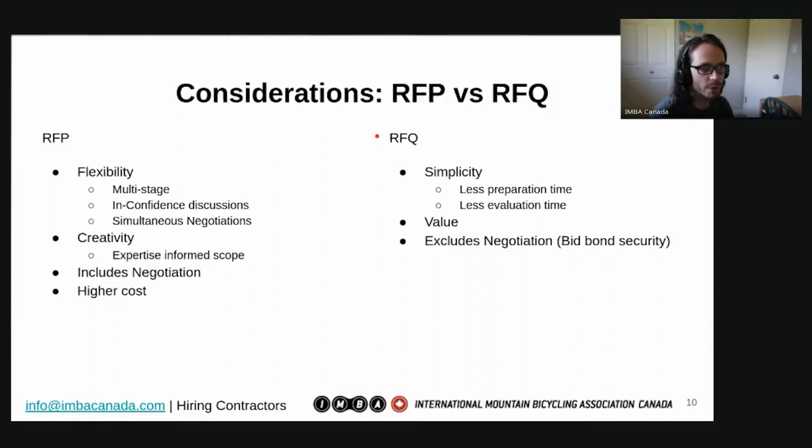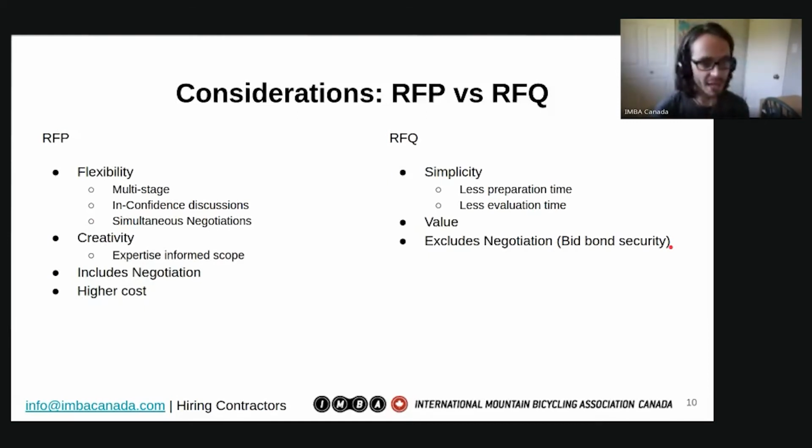For trail construction, trail contracting generally, the RFQ process is probably more appropriate for simple construction projects, something that's easy to determine ahead of time. It provides really good value. And in Canada, it tends to exclude negotiation. So if you go to the winning bid on an RFQ process, and we don't really see this in the trail contracting sphere, because the dollar values aren't quite the same as it would be in capital construction contracting.